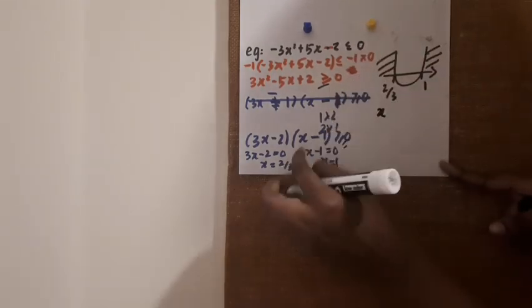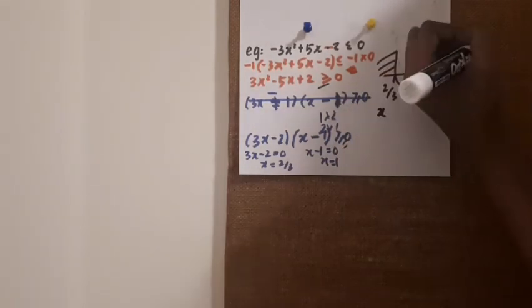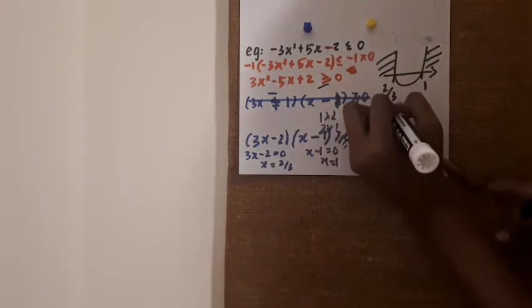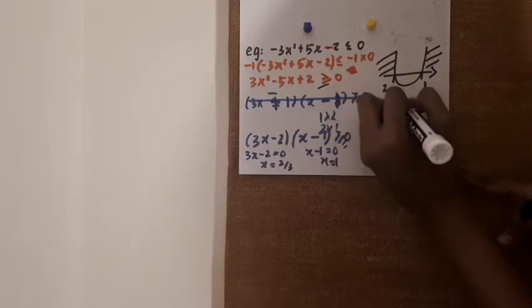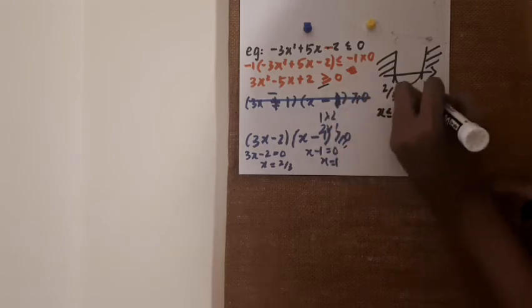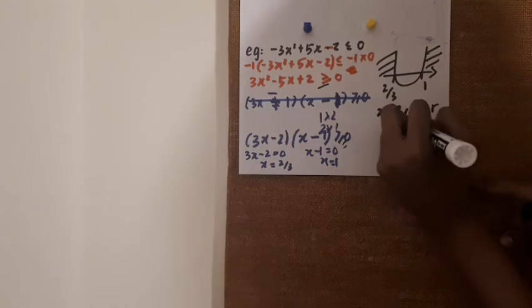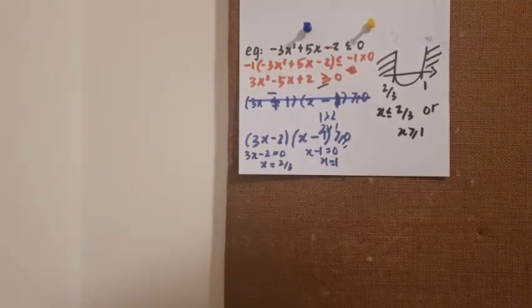So it's going to be simply x is less than or equal to 2 over 3, or x is greater than or equal to 1. Why did I write it in this way?